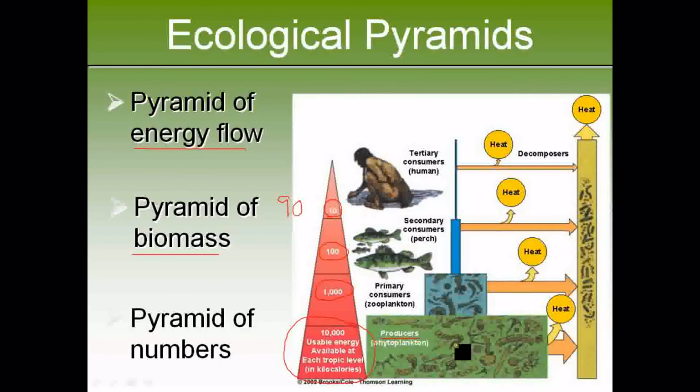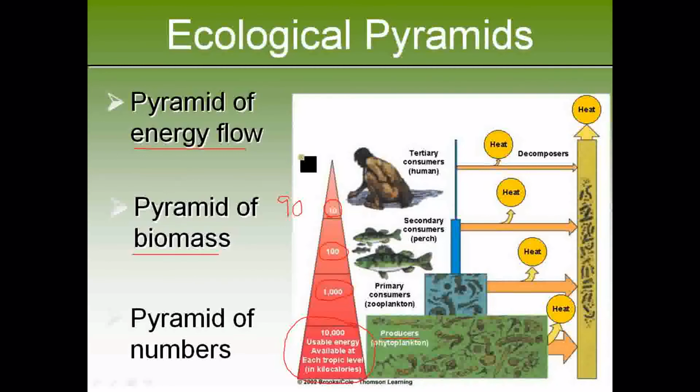There, if this is 10,000 kilograms of tissue down here with the producers, then there's only going to be 1,000 left up here. 10%. And if there's 1,000 kilograms of zooplankton, there's only going to be 100 kilograms of fish.